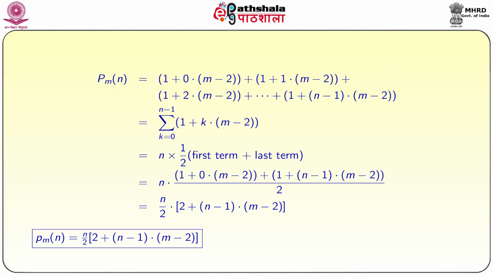That is the summation, and we know that if we have an arithmetic progression, then the sum of the first n numbers is equal to n times half of first term plus last term. If we calculate a little bit, we are going to end up with this formula: Pm of n is equal to n by 2 times 2 plus n minus 1 into m minus 2.